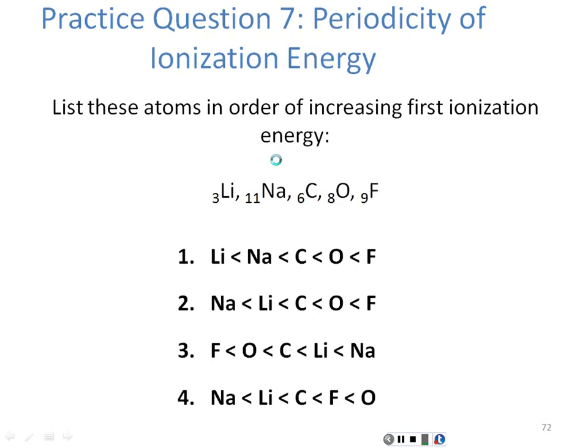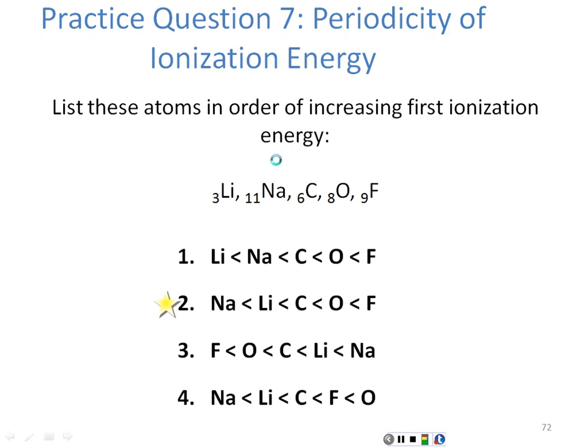Okay, let's try a practice question with these. List these atoms in order of increasing first ionization energy. We have lithium, sodium, carbon, oxygen, and fluorine. Okay, the correct answer is 2. So we have sodium is the lowest. It is on the far left side of the periodic table. And then we go in order across the periodic table.